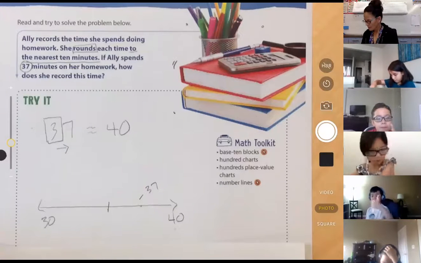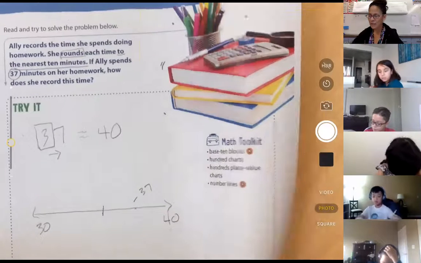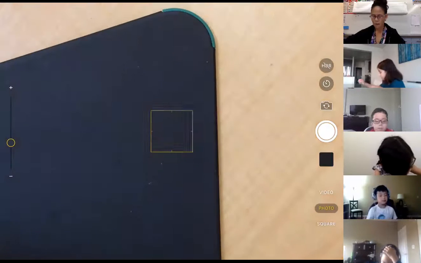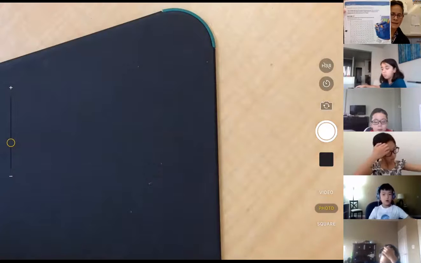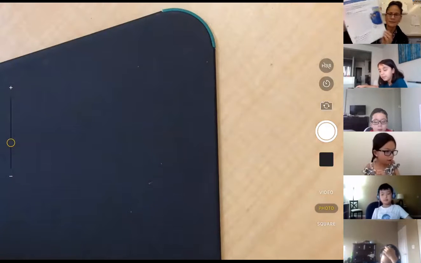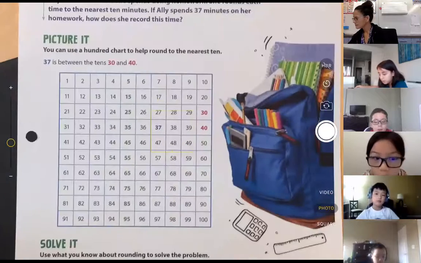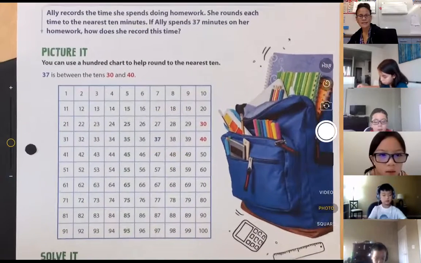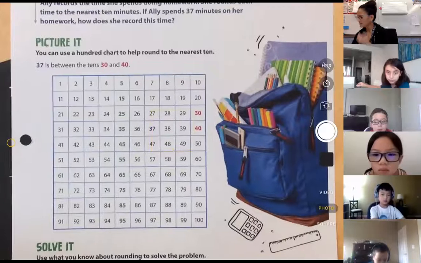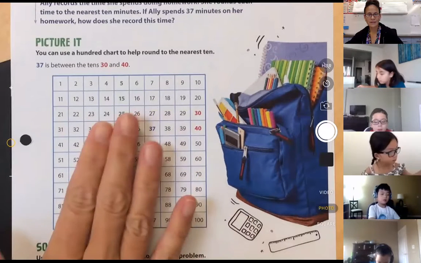Perfect. So please, everyone, turn to page 10 in your math book, and it's going to look like this. Does everyone see that? This is page 10. You can see on page 10 what this is here in the book.